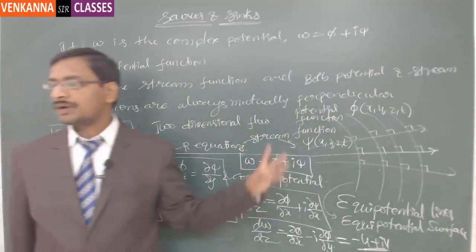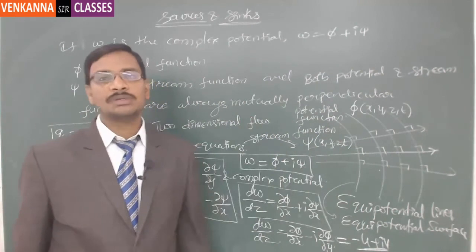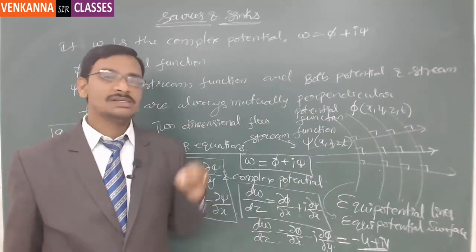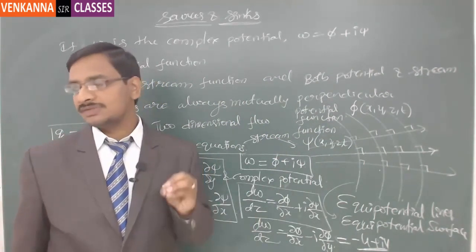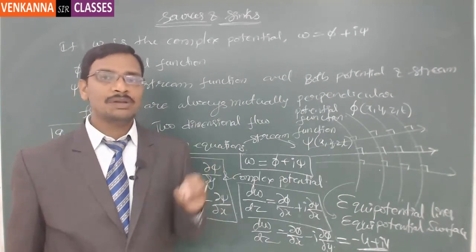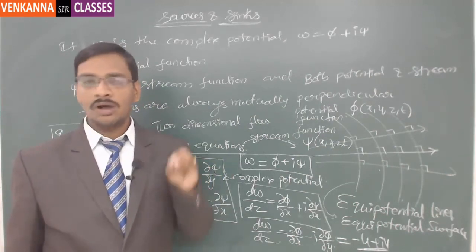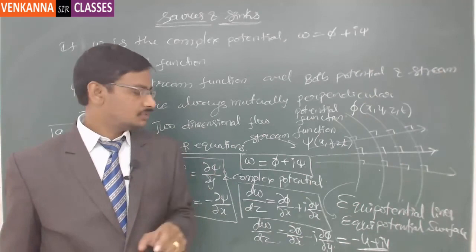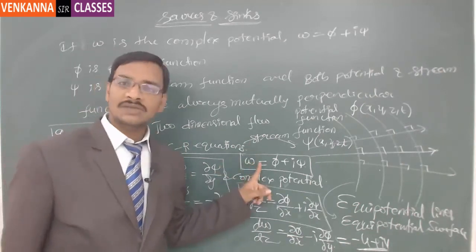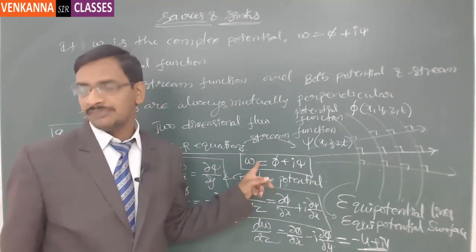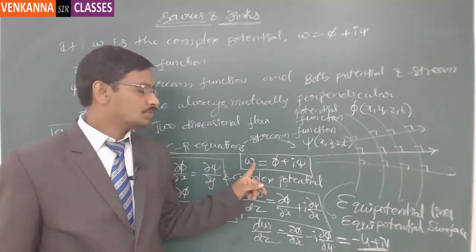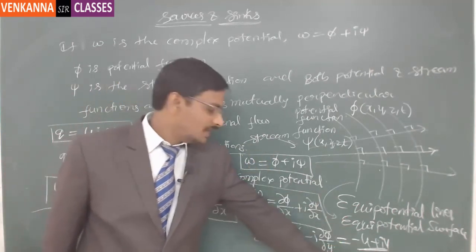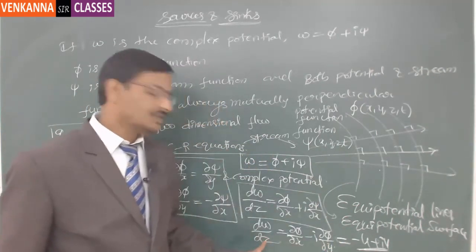So what we are trying to target in any two-dimensional flow analysis, whether there is a presence of source or sink or whether it is a simple potential flow, in all the cases is, first we will identify the complex potential. Once we identify the complex potential, you will find the velocity by just taking the derivative with respect to z.